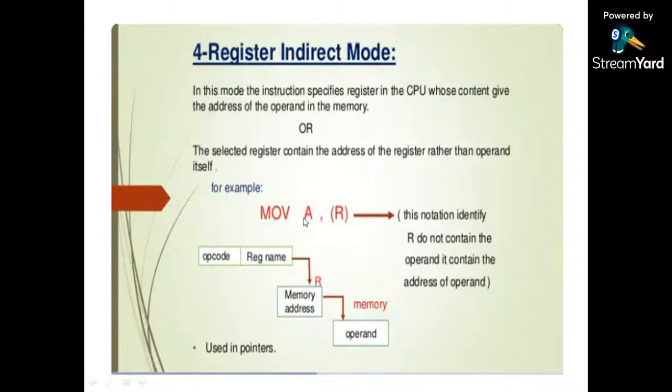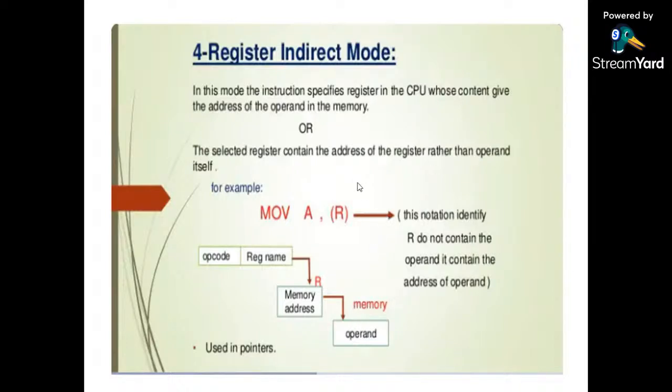From this particular memory location, we need to move this value to the address which is specified in the register R. So basically the content of register R is the address of a memory location. First we will go to register R, then we will fetch the address. To that address we are going to store the value which was stored in A. This is indirect addressing mode.